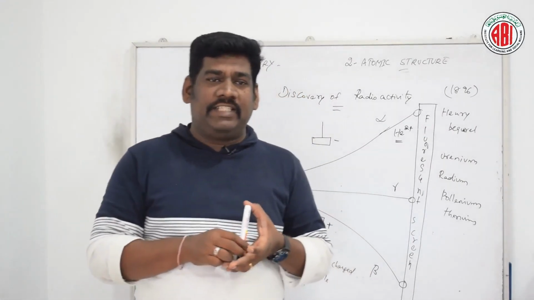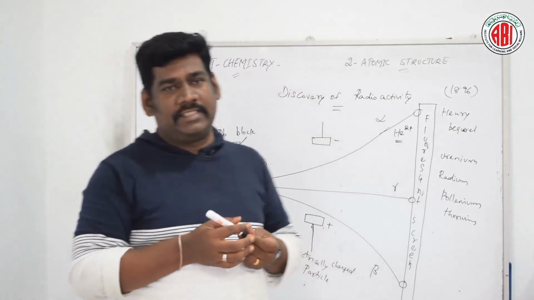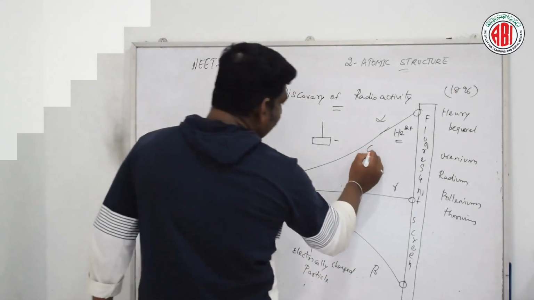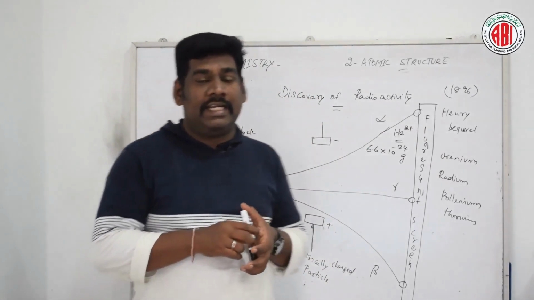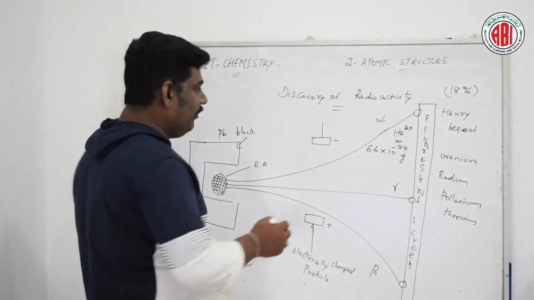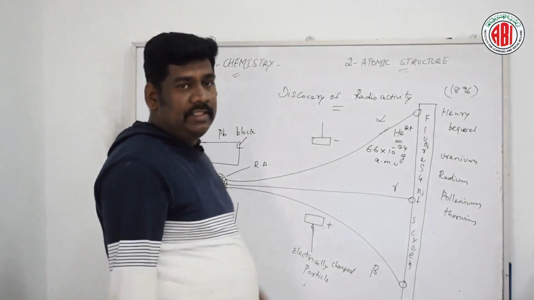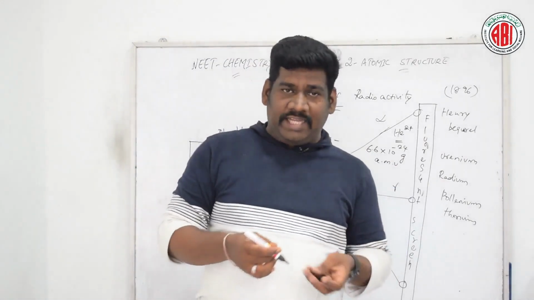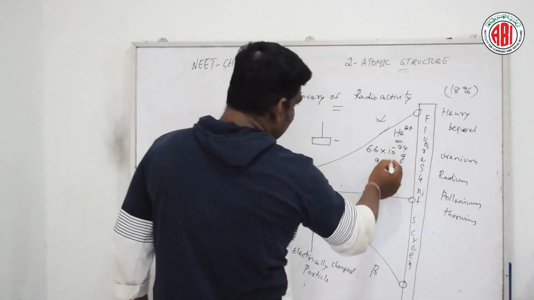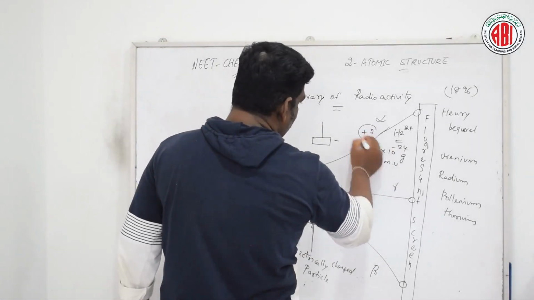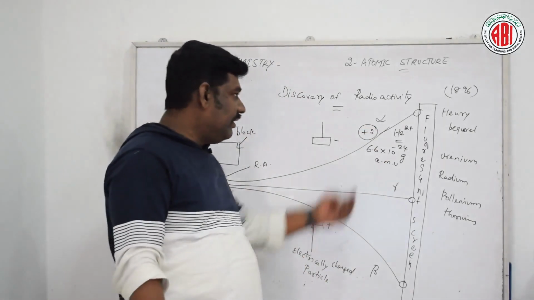Each particle has a mass of 6.6 into 10 to the power of minus 24 gram, in atomic mass units, and carries 2 units of positive charge. So these are a few characteristic features of alpha rays.